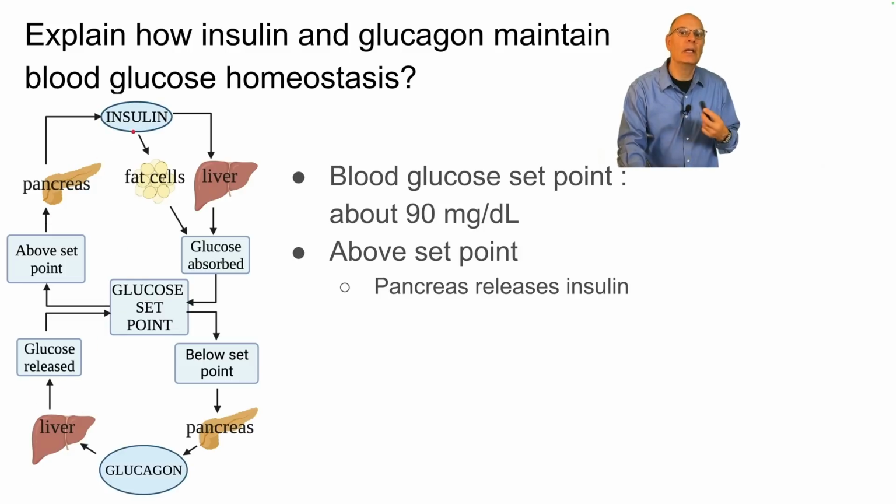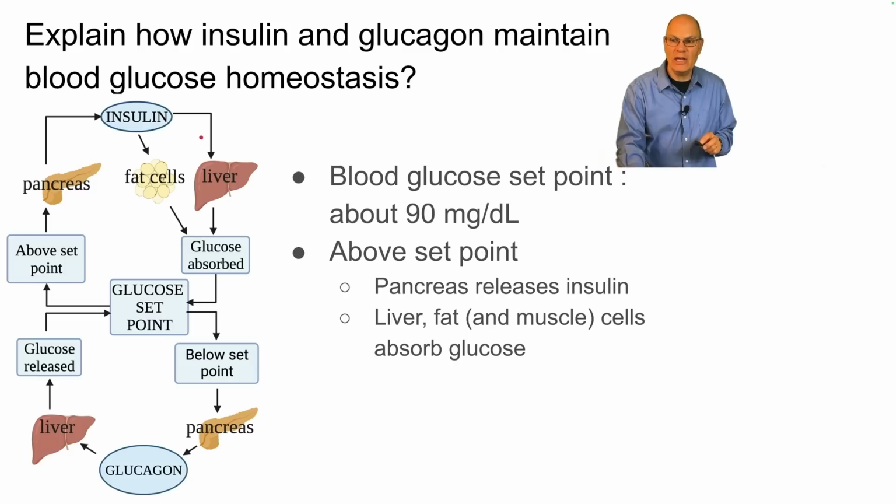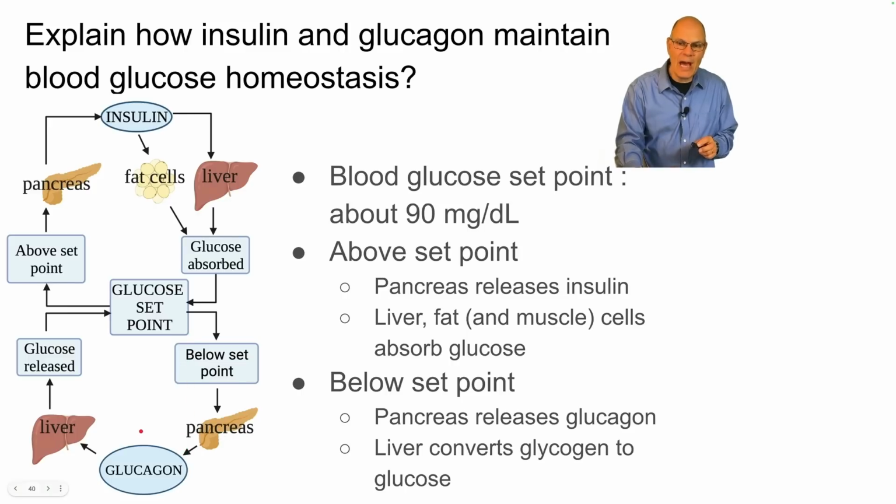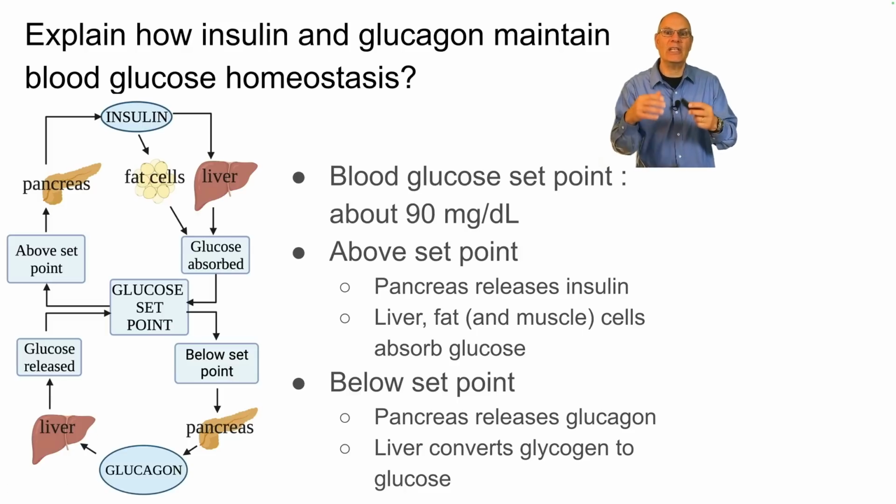Eat a big meal, insulin gets released, and your liver, fat, and muscle cells, which aren't shown, will absorb glucose and store it away as glycogen. Below the set point, that's when you've gone a little while without eating, what will happen is that the pancreas will release a second hormone called glucagon, and that will induce the liver to convert its stores of glycogen into glucose. Glucose goes into the blood, homeostasis is restored.